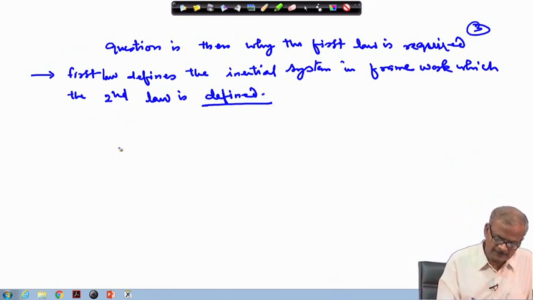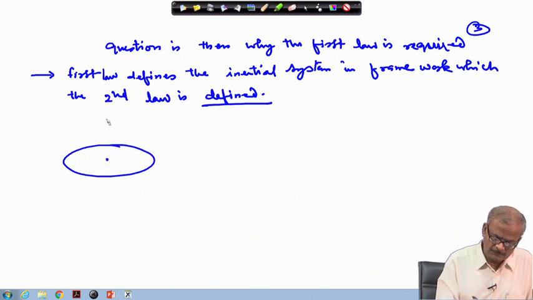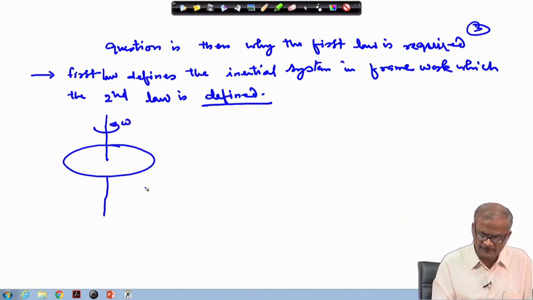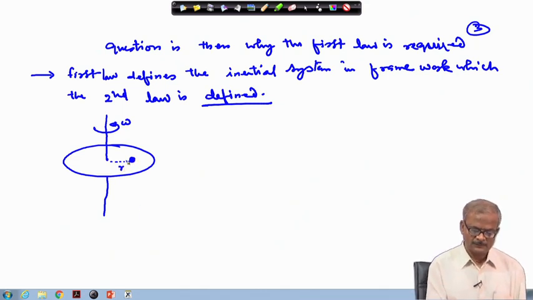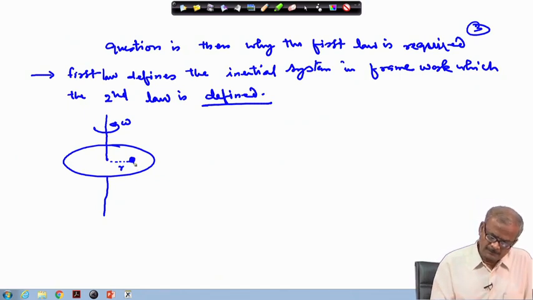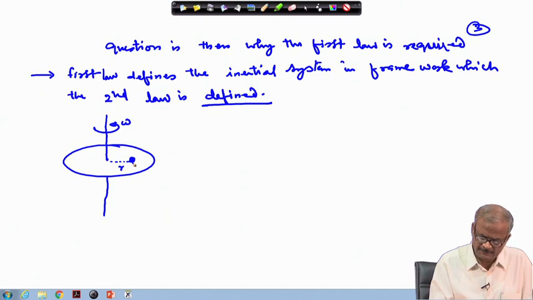Just for example, this is a disk which is rotating with angular velocity omega, and a particle is placed at a distance of r from here. So, this will also be rotating, but as you know, if there is no friction, or enough friction is not there, this will slide out.